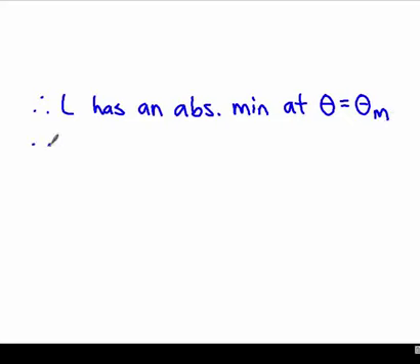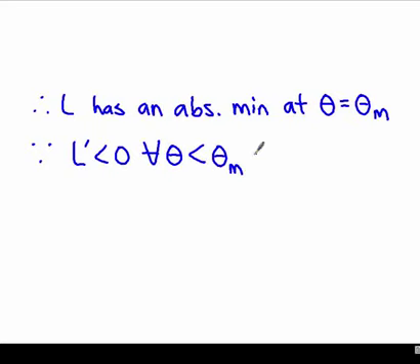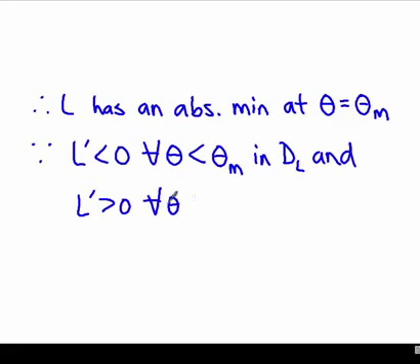And the reason for that is because L prime is negative for all values of theta less than theta m in my domain. And L prime is greater than 0 for all values of theta bigger than theta m, again, in my domain.